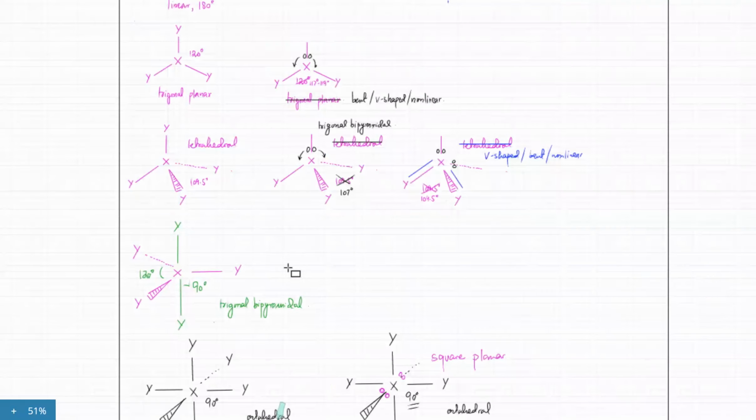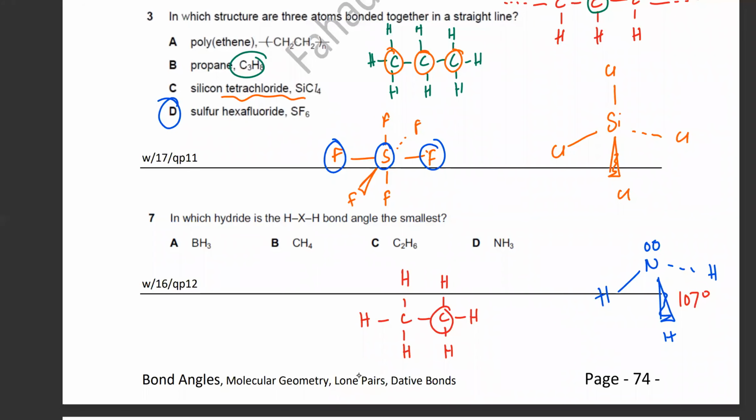It's going to look like this around the carbon atom. What about CH4? CH4 is by default just 4 bonds, tetrahedral. So that's already 109.5.